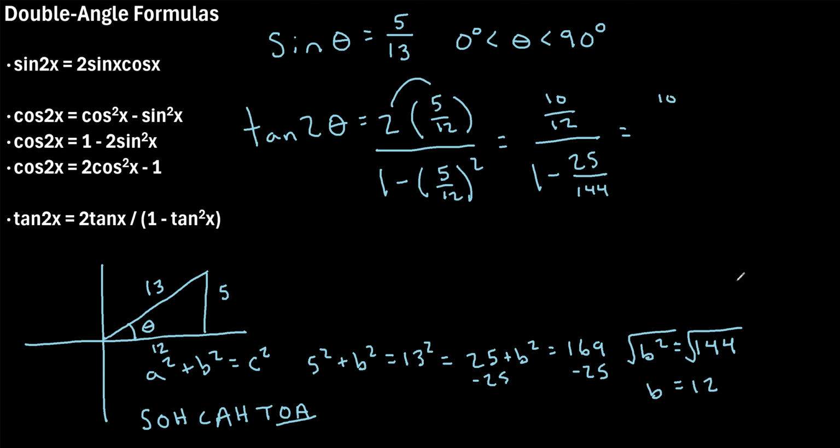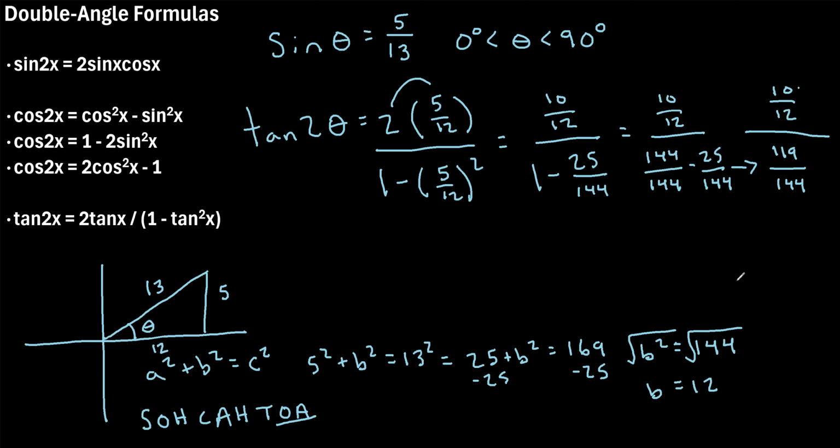So we get 10 over 12 divided by, it helps to rewrite this 1 as a fraction with the same denominator as this fraction. So 144 over 144 minus 25 over 144. So the denominator becomes 144 minus 25, that's 119 over 144. And then in the numerator, we still have 10 over 12. So before we go any further, it would help to reduce the numerator to 5/6. So we have 5/6 divided by 119 over 144. So remember, when we divide fractions, that's the same as multiplying by the reciprocal.